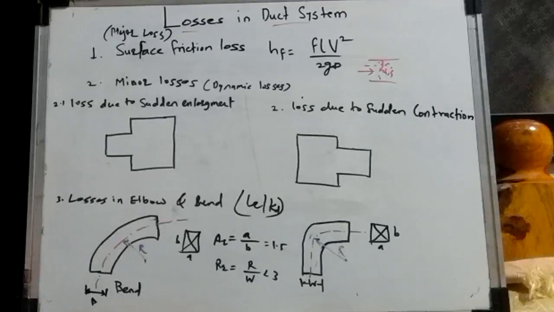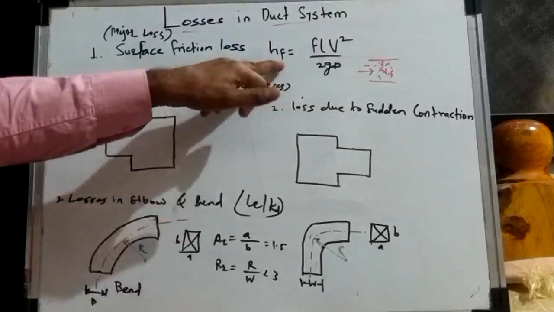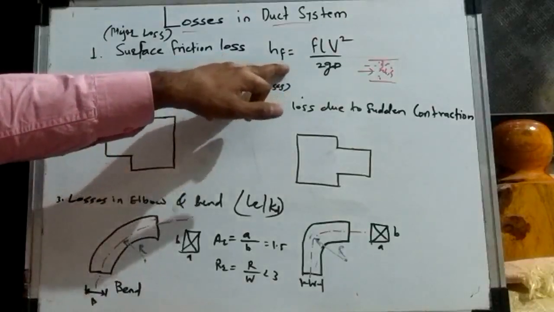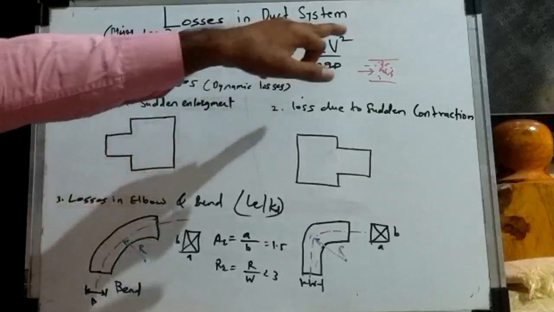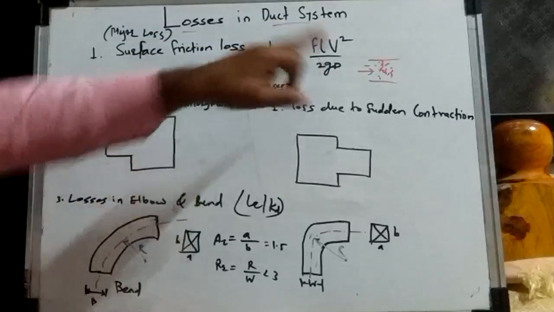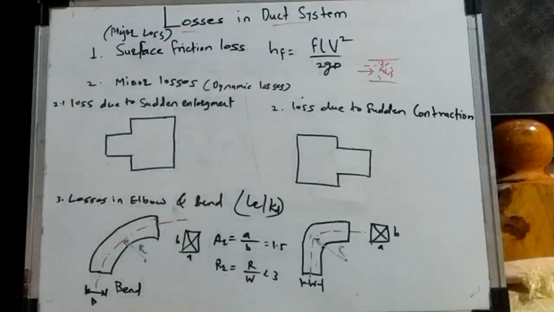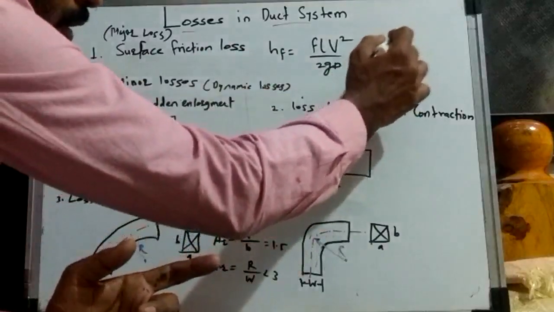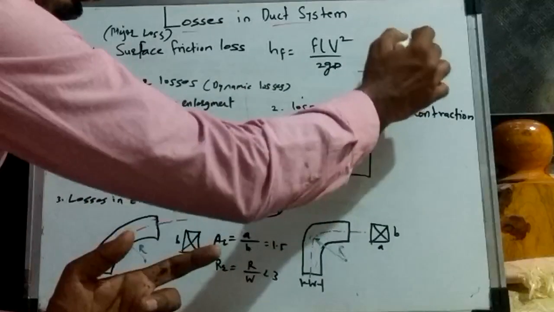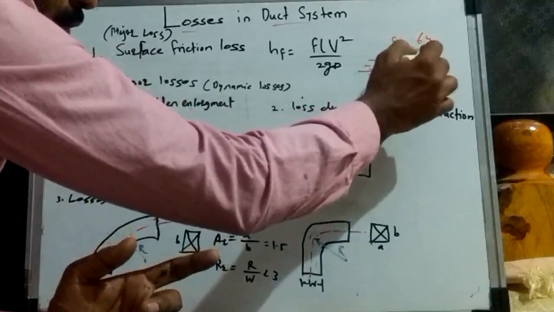We can calculate that loss with the help of this formula: HF, head loss or pressure loss in terms of head, is equal to F L V square upon 2GD. Here F is the friction factor, which depends upon the Reynolds number, 64 by RE.